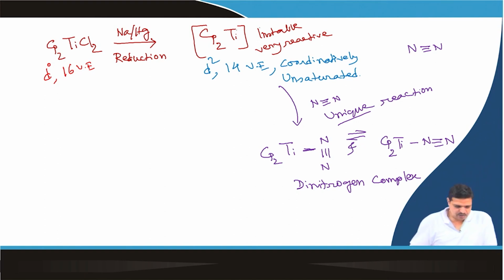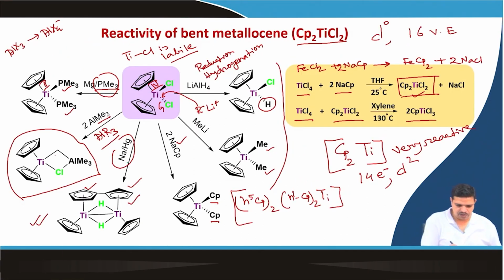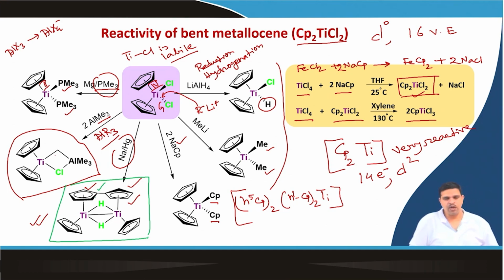More interestingly, if you see in the last slide, this compound, how does this titanium Cp couple? These two Cp rings are basically bonded through a carbon-carbon bond and form a dihydrogen-like banana bond compound.